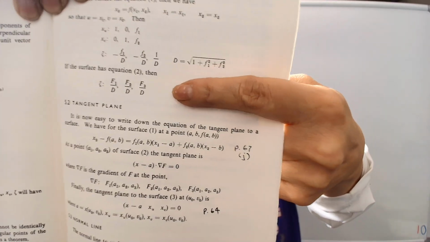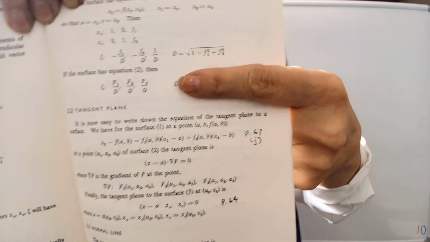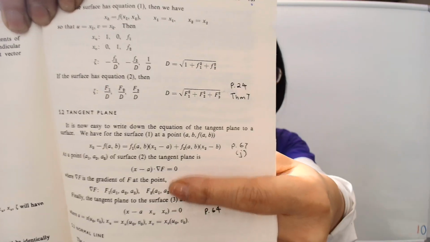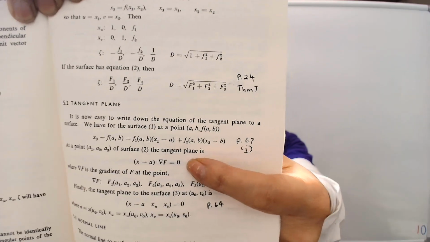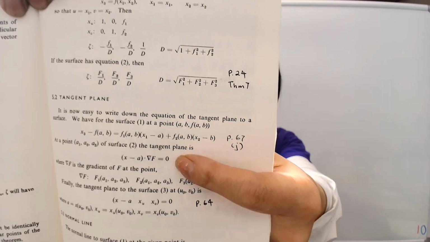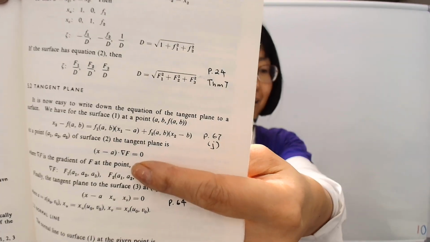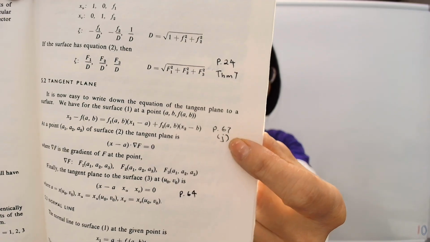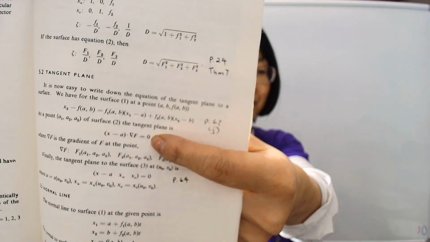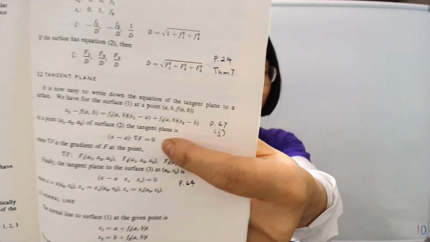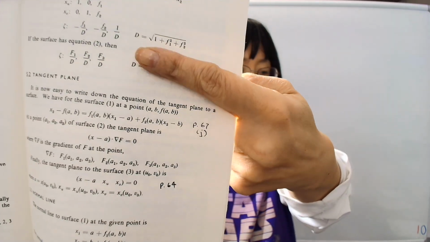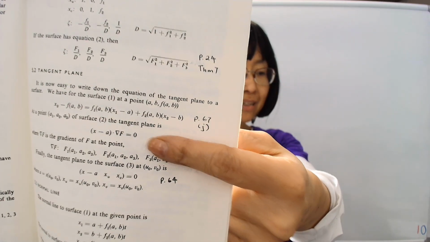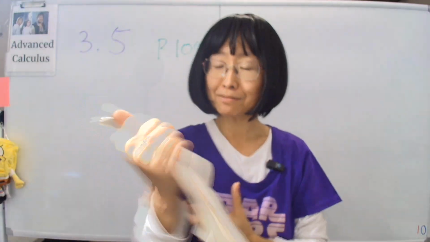And remember, we don't care what the magnitude is, because we only care about the direction in the dot product, being that it equals 0, right? So the magnitude means nothing. And so we take the dot product of the normal as in the equation that I just showed you. You subtract the point, and then dot the gradient, because that's the normal, and that equals 0, and that will give you the tangent plane.